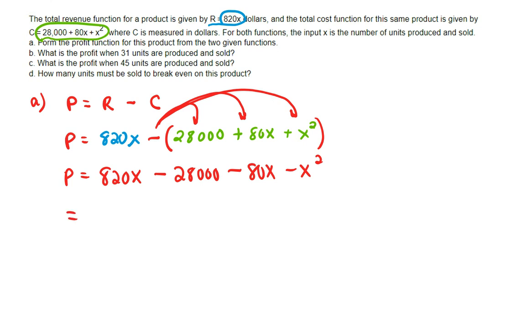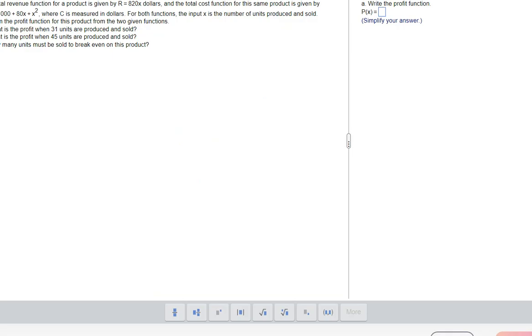And then I have two like terms, the 820x and the minus 80x, and those combine to be 740x. And that's really the only thing you can do to simplify it. And then if you want to put this in descending order, you can. MyMathLab does not care.